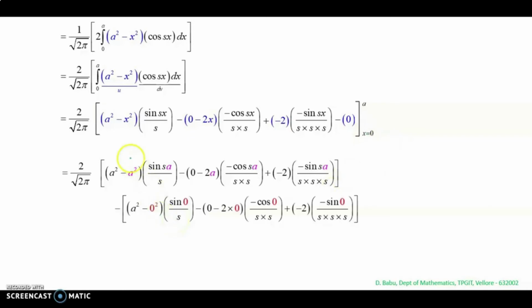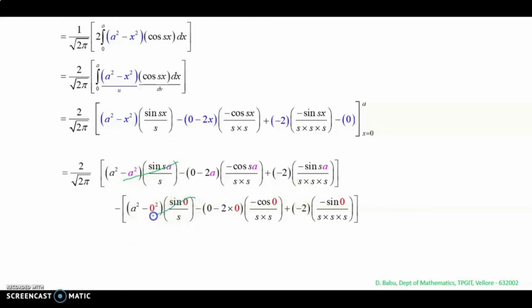So minus, a square minus 0 square, sin 0. This is 0, cos 0, sin 0. Which is equal to 2 by square root of 2 pi. Here a square minus a square equal to 0, so 0 into anything is 0. Next, sin 0 equal to what? 0.